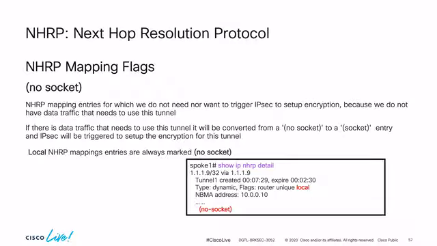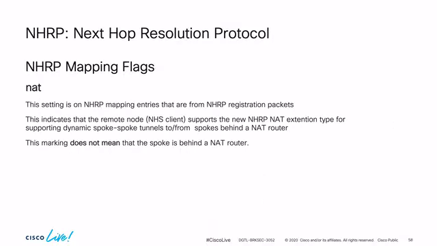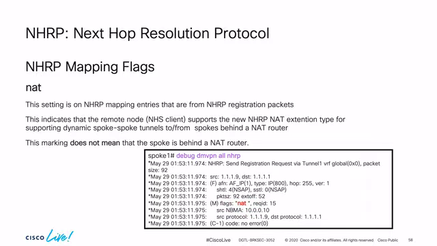The NAT mapping flag is another important flag in the NHRP database. The best way to take a look at this specific flag is if we were to do a debug DMVPN with NHRP, what we would see is the flag called NAT being set and being exchanged during the registration request and during the registration process.